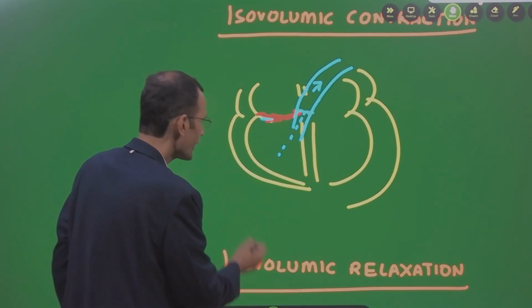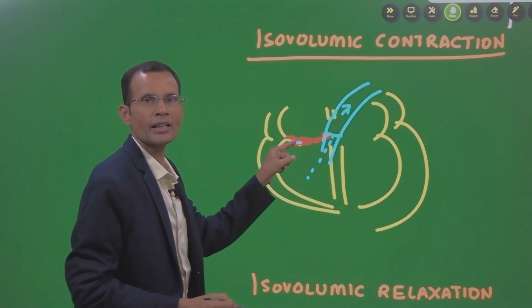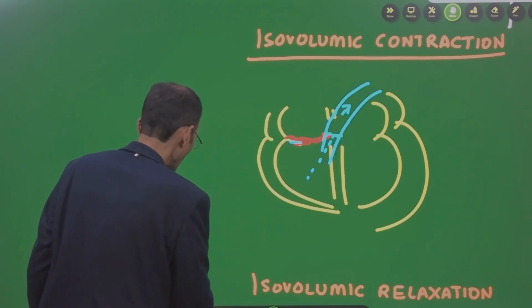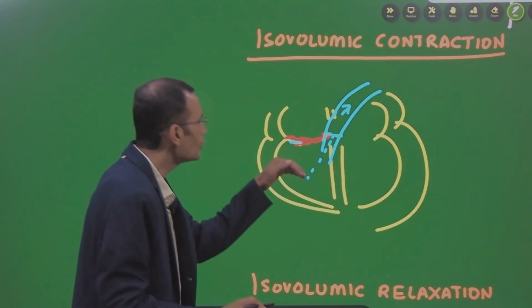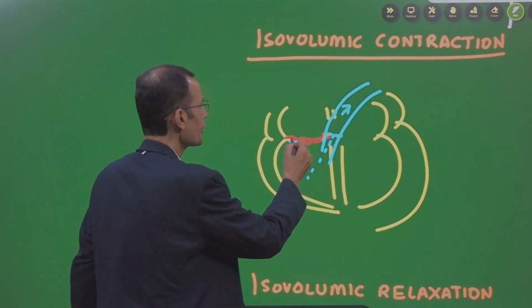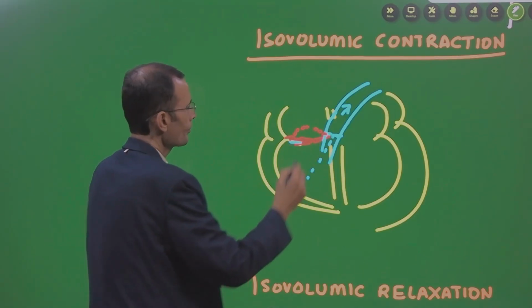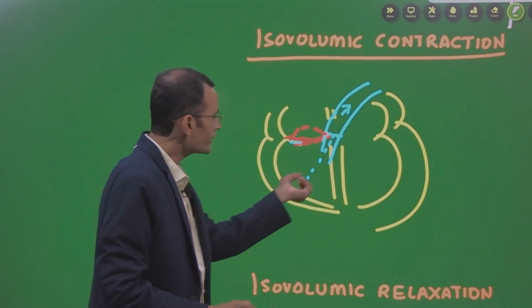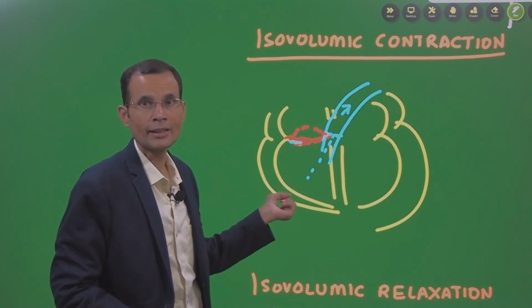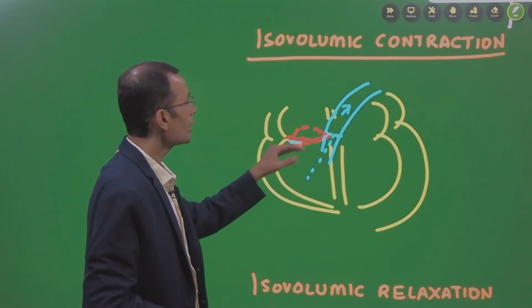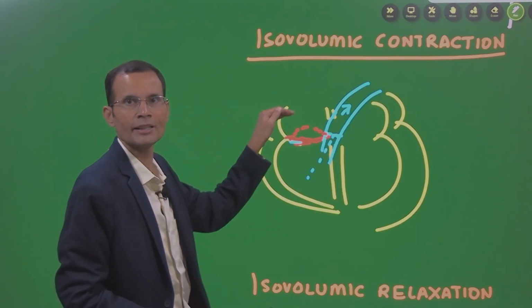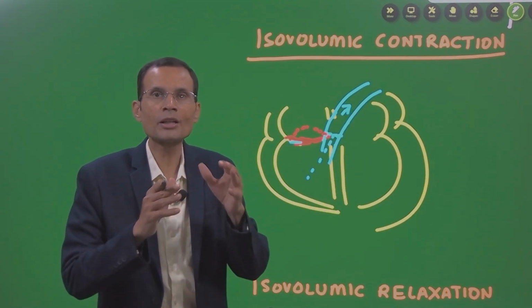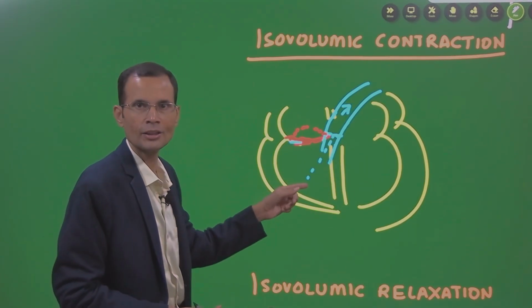So what happens is, this closed tricuspid valve simply bulges backward into the right atrium. It balloons backward into the right atrium like this because of the rising pressure in the right ventricle, and it has got no let off. So the ballooning backward of the tricuspid valve into the right atrium during isovolumic contraction of the right ventricle.